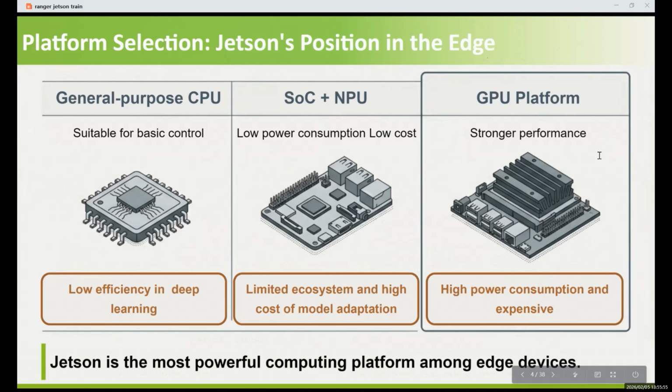Out of these three types, CPU platforms offer the highest versatility but fall short in computation power and deep learning capabilities. NPU platforms boast an excellent cost-performance ratio, yet have a less mature ecosystem. GPU platforms deliver the strongest performance, but come with a higher price tag. Among all these platforms, Jetson's most prominent feature is its unmatched computation power.